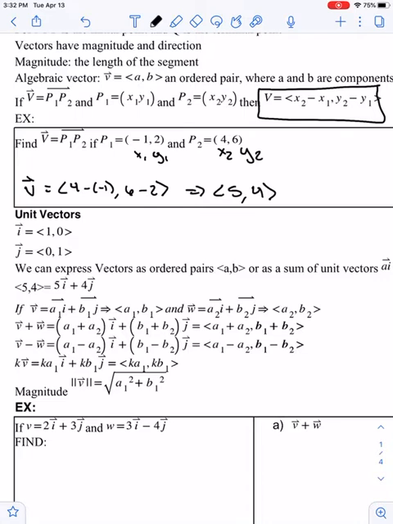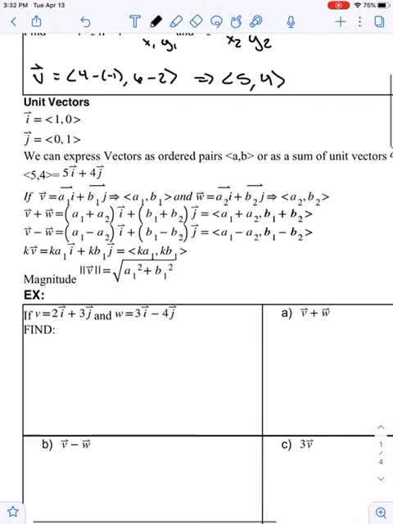Unit vectors are 1, 0, and 0, 1. These kind of are like x and y, but we're using i and j instead, and these are the unit vectors. Now we're going to be looking at how to add vectors. You're just combining your i's together and adding.